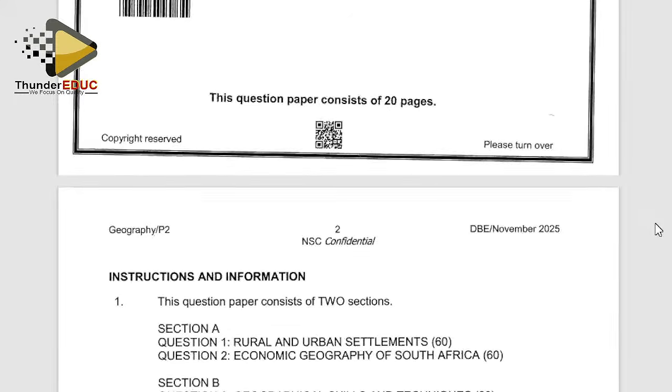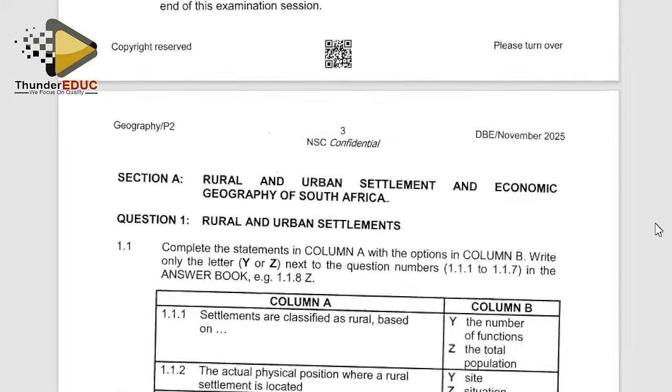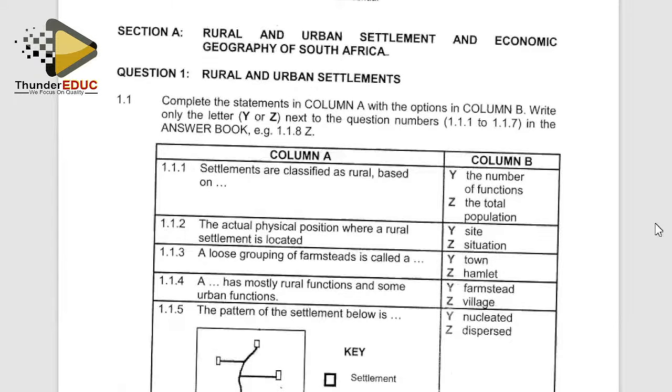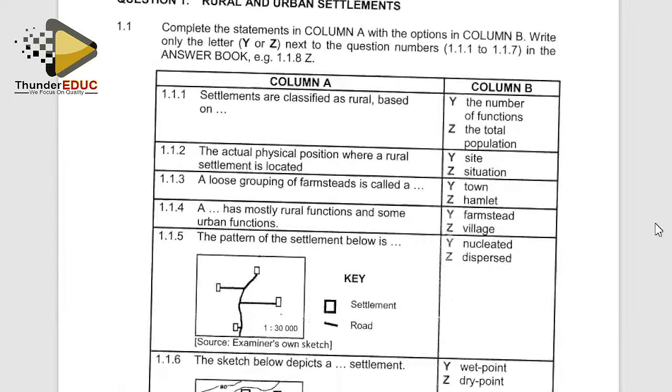Right, so we are taking you to the first question, which is a question on rural and urban settlement. The first question is a matching column question, question number 1.1.1. Settlements are classified as rural based on what? What is the criteria that is used to classify a settlement as rural?